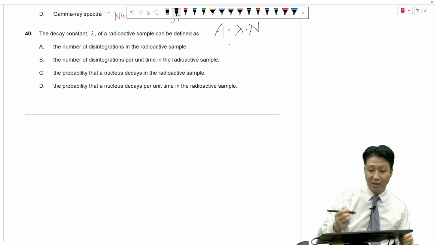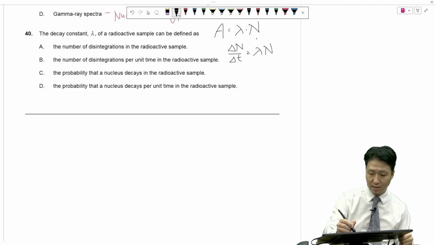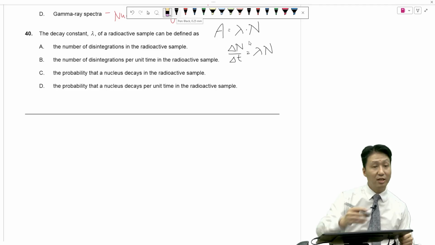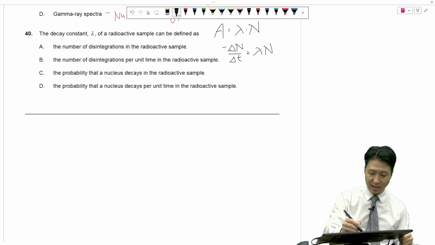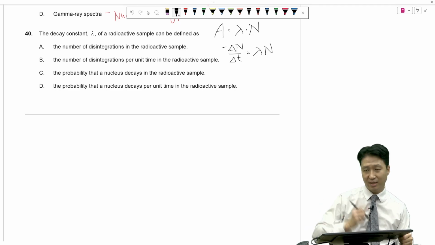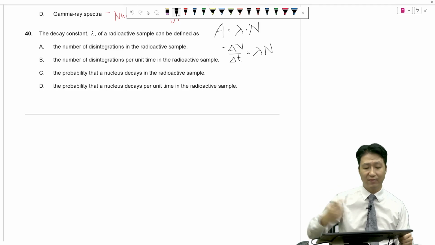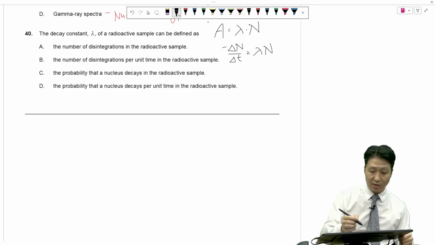And we know the definition of activity is delta n over delta t. Delta n is the number of atoms that decayed. Delta t is, of course, the amount of time it takes for them to decay. This is the rate of decay. And we can put a negative in front of the delta n because, of course, final minus initial is always a negative number. So let's look at A.